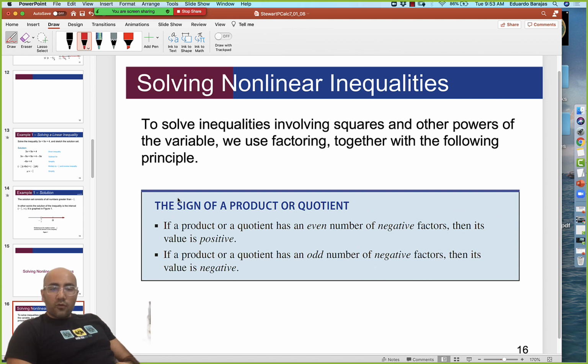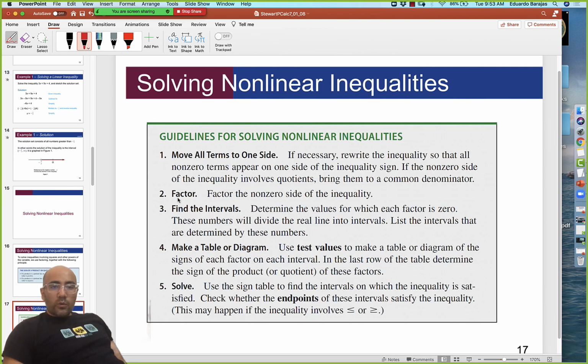If the product or the quotient has an odd number of negative factors, then the value is negative. Okay, so the strategy is going to be to move all the terms to one side so that it equals 0.